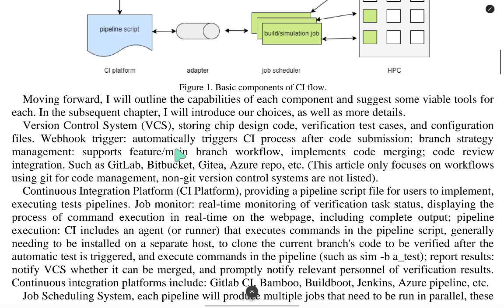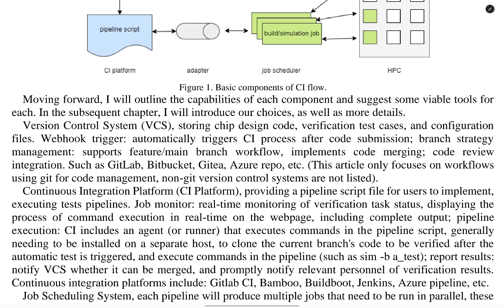Version control system, VCS, storing chip design code, verification test cases, and configuration files. Webhook trigger automatically triggers the CI process after code submission.